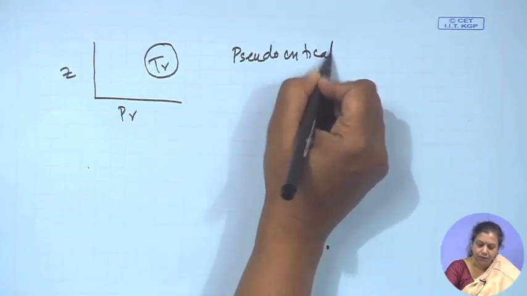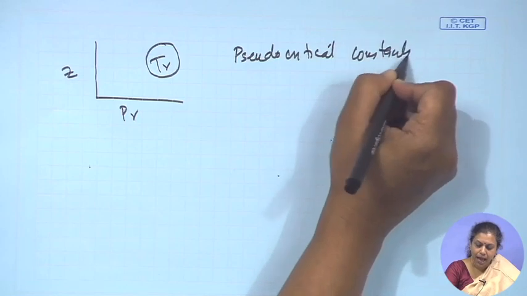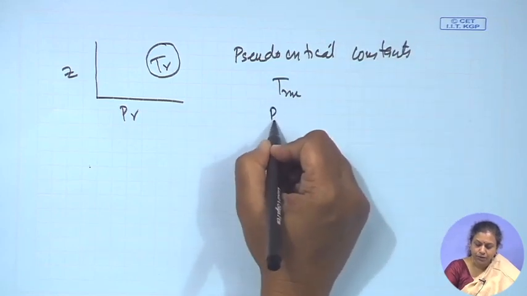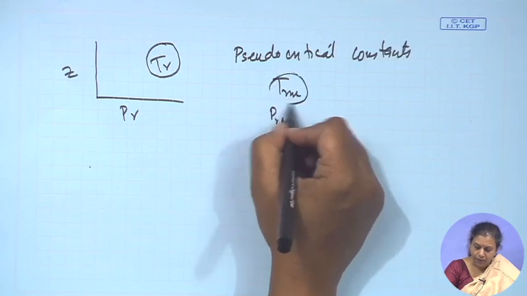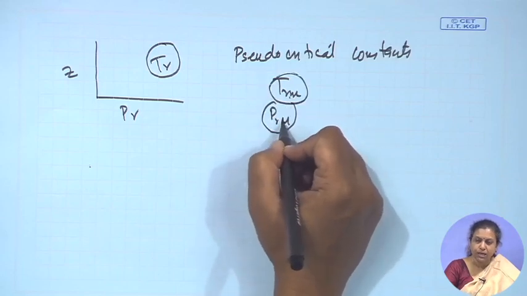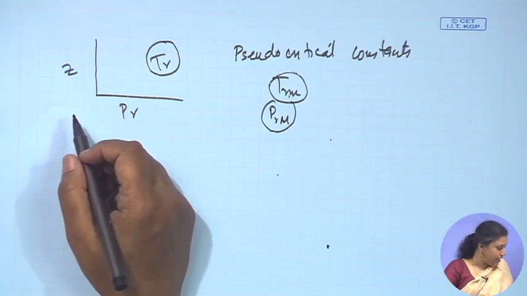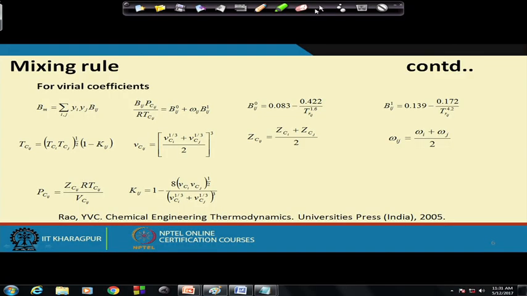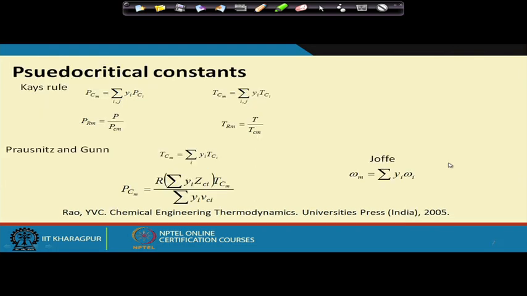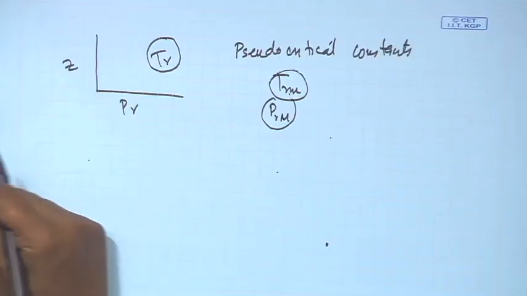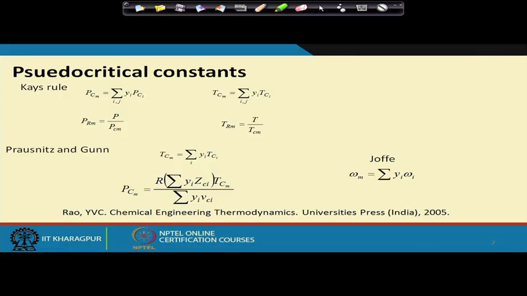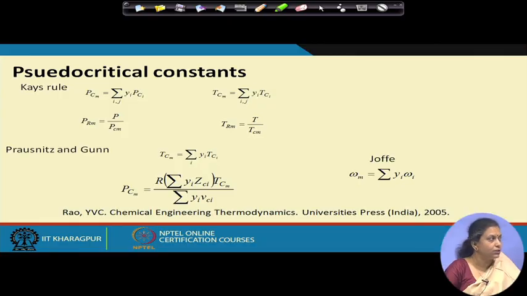Suppose we can find out the TRM and PRM for the mixture case, then using these two values, since the compressibility factor chart is applicable for all substances, we can find out Z. Now, usually there are again several mixing rules for finding out the pseudo critical constants.